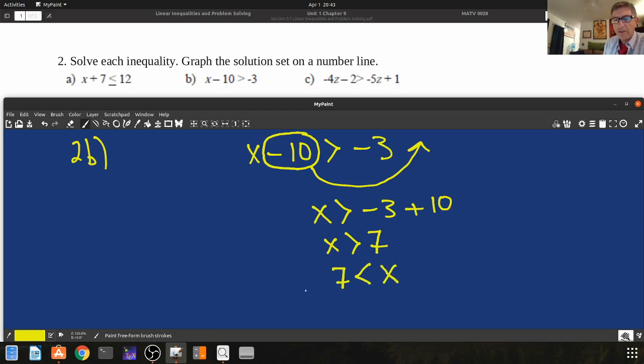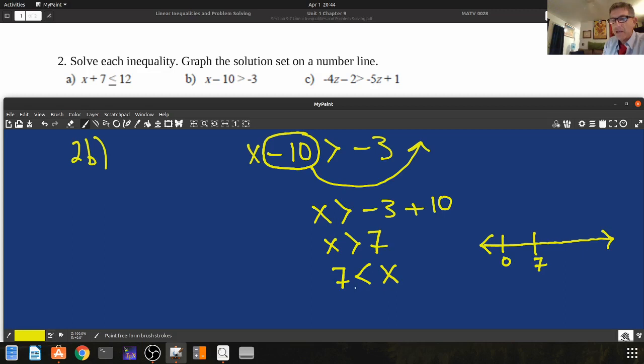I think if you write it this way with the inequality pointing to the left, when we go to graph it, you won't make as many errors because it's the natural direction. So I have to find 7 on my number line. So I'll put 0 way down here, and I'll put 7 right there. These are arbitrary choices. You just decide.